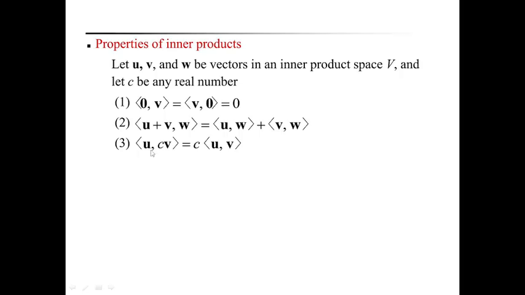Then c is a scalar, inner product u comma cv equals c times inner product u comma v. These are very important properties which we will be using in many concepts of inner products.